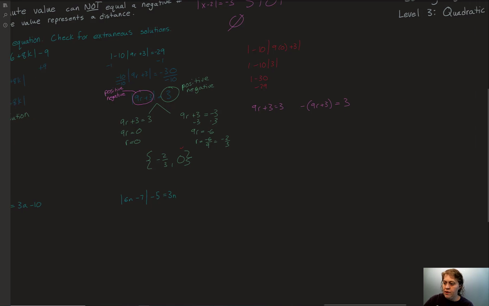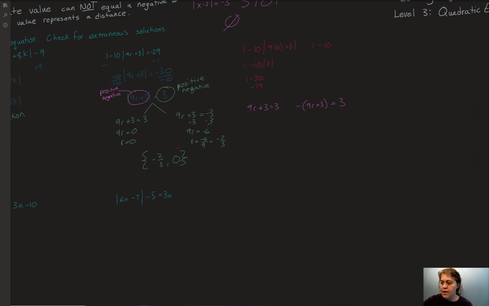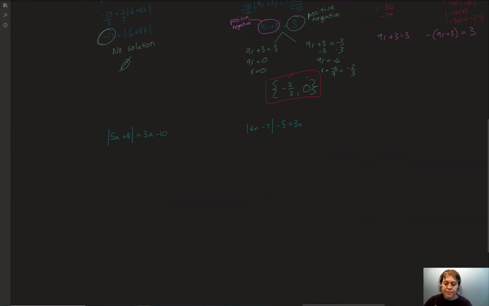And then 1 minus 10 times the absolute value of 9 times negative 2/3 plus 3. 1 minus 10, let's see, 3 times 3, 9 divided by 3 is 3. 3 times negative 2 is negative 6 plus 3. 1 minus 10 times the absolute value of negative 3. That becomes 1 minus 10 times 3, which is 1 minus 30, which is negative 29. Okay, they both check. We're good. Whew. All right.